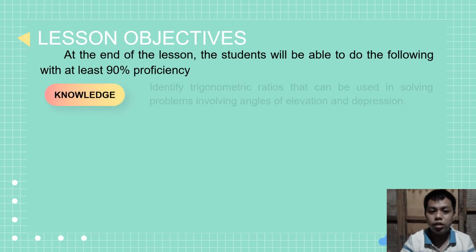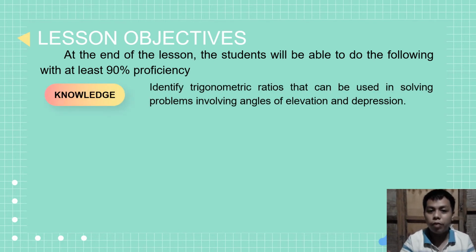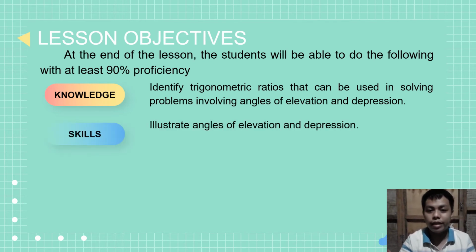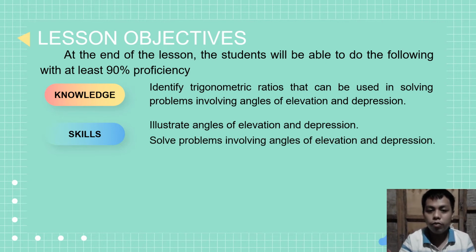For the knowledge, identify trigonometric ratios that can be used in solving problems involving angles of elevation and depression. Skills. Illustrate angles of elevation and depression, and solve problems involving angles of elevation and depression.